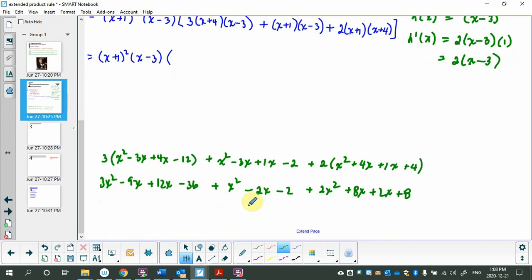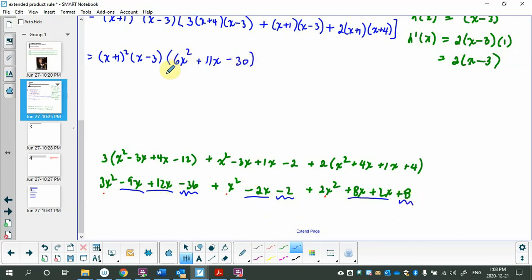Whew. 3x squared, 4x squared, 6x squared. Negative 9 plus 12 is 3. Minus 2 is 1. Plus 10 is positive 11x. And negative 36 minus 2 is negative 38. Plus 8 is negative 30.